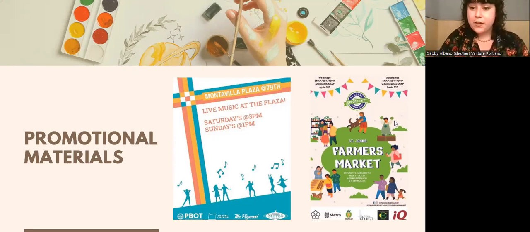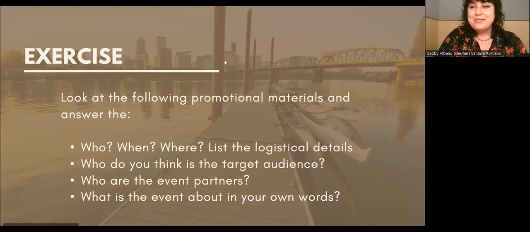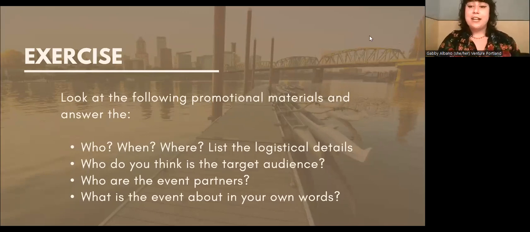Okay, so another exercise, surprise, surprise. What we're going to do next is I will show you some promotional materials, and I would like you to answer the following bullet points. Jot down just the basic who, what, where, when, and why. Feel free to try to guess who the target audience is of the event, of the promotional material.